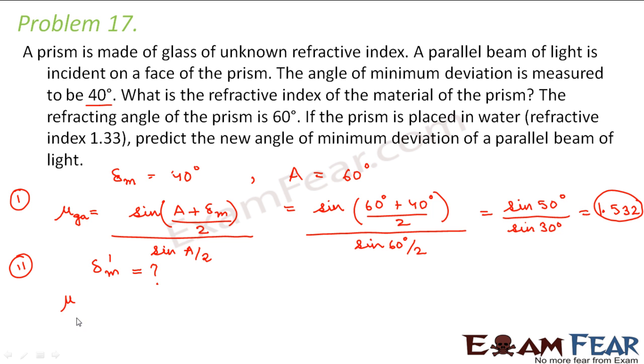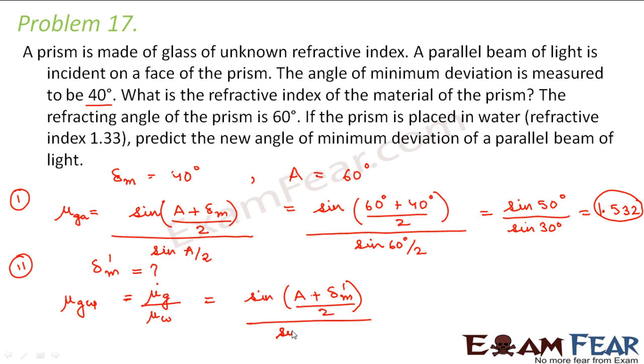But in this case, the refractive index of the prism is the refractive index of glass with respect to water. So this would be refractive index of glass divided by refractive index of water, which is equal to sine of (A plus delta M dash) divided by 2, divided by sine of A by 2.